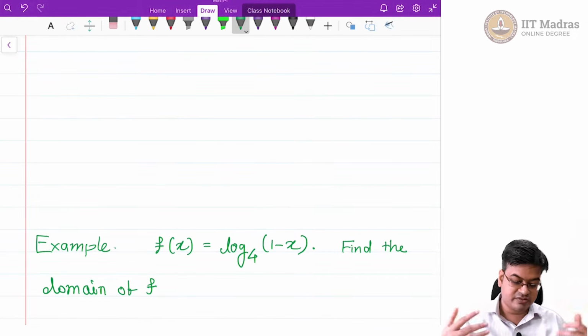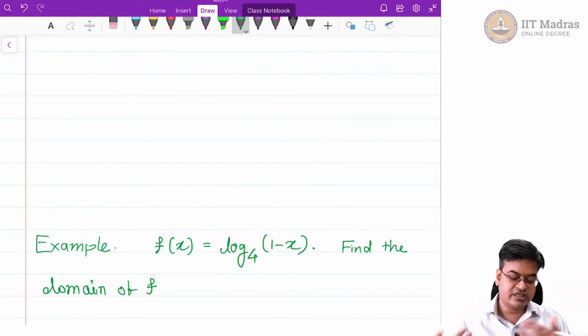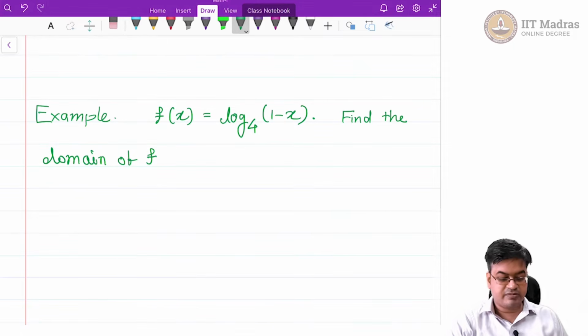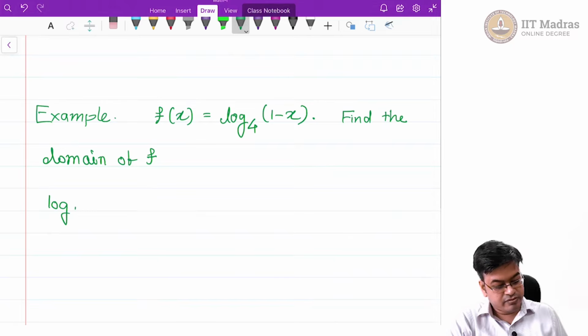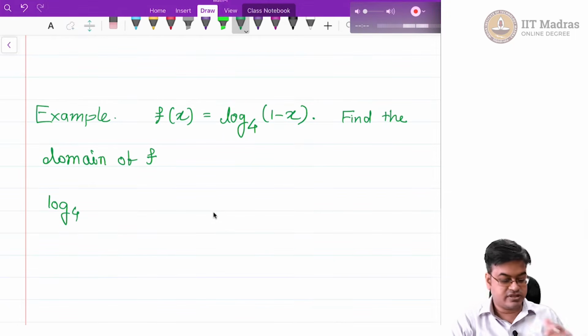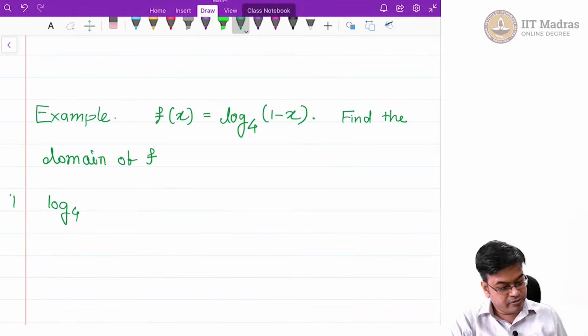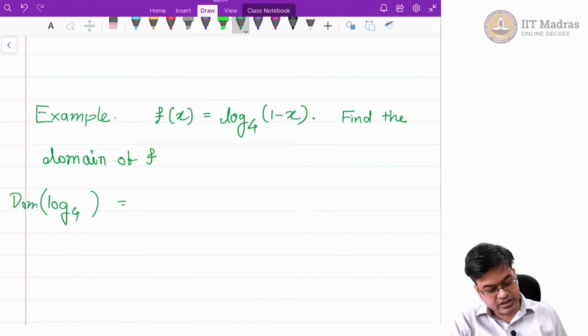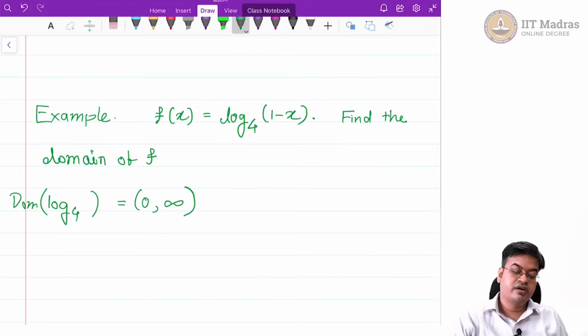Once the verification is complete, let us dwell more and find the domain of the derived functions. By derived functions I mean compositions of the basic logarithmic function. For example, let us take f of x, which is log to the base 4 of 1 minus x. Now log to the base 4 is a function which has a domain. What is the domain of this function? The domain of this function is 0 to infinity, right?